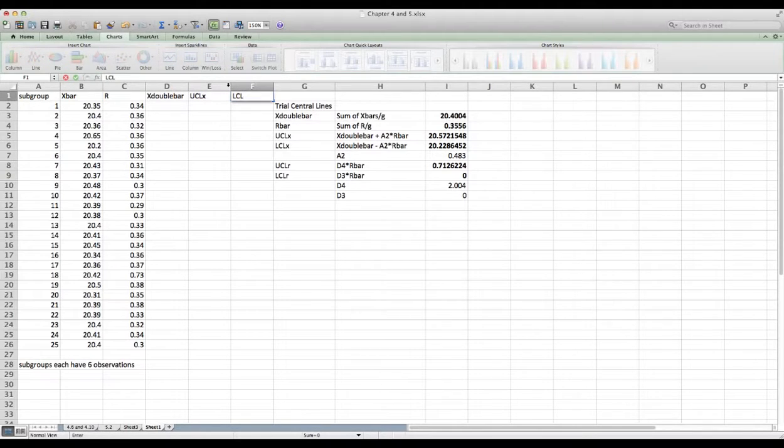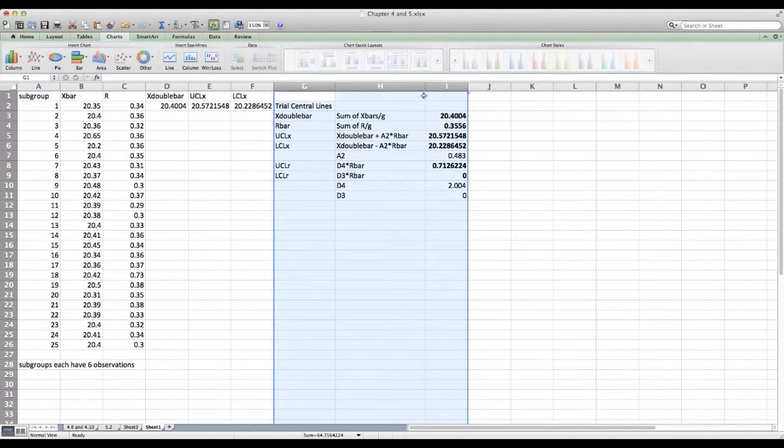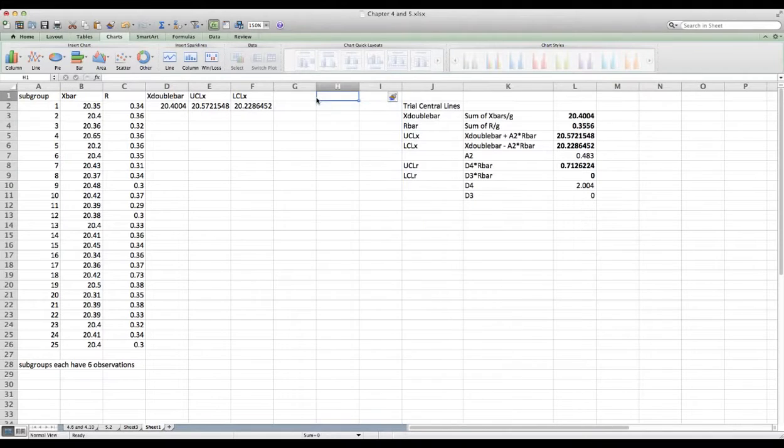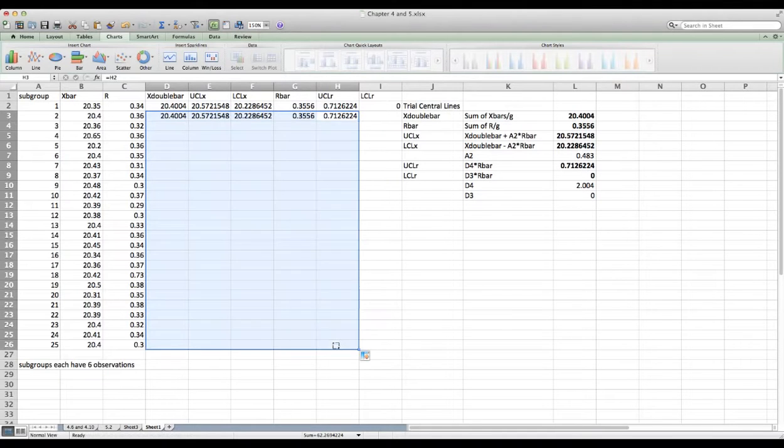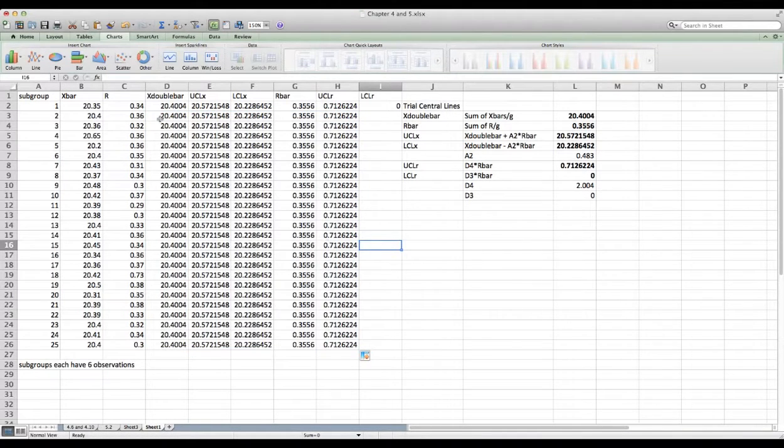We have the lower control limit, X. Okay, now I'm going to put this value in here, going to put this value in here, going to put the lower control limit value in here, and let's just go ahead and do the same thing for the R chart. We have R bar, UCL R, LCL R. Okay, just going to drag this down. Okay, now we have all that data.